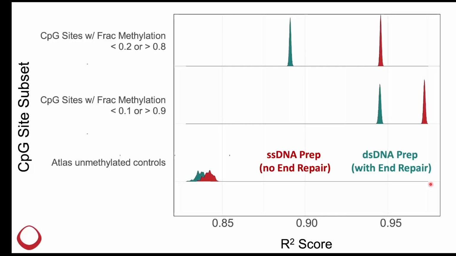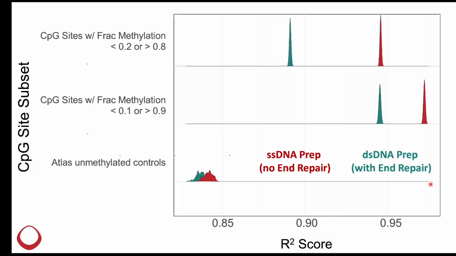So what emerges here is a consistent pattern for CpG subsets that include the highly methylated sites. It shows that libraries that preserve the native cell-free DNA termini show higher R-squared values, whereas libraries prepared with end repair show reduced concordance.